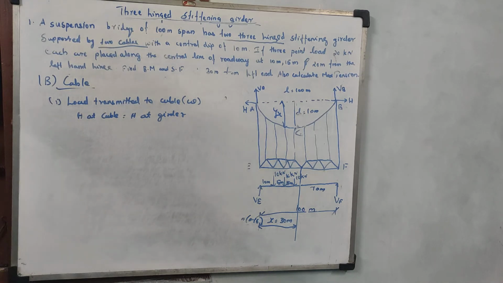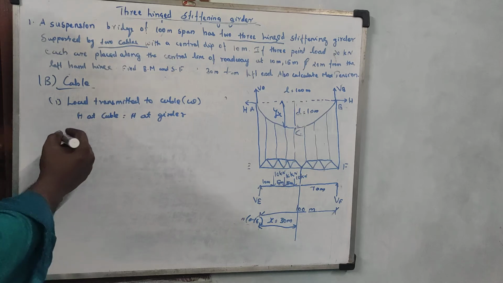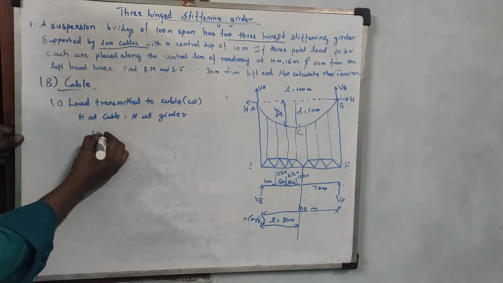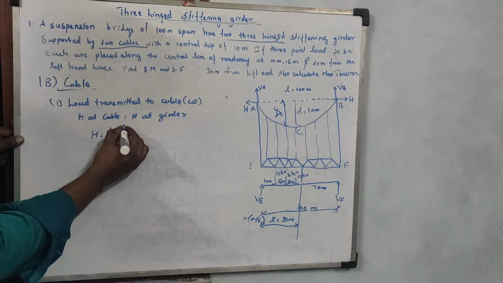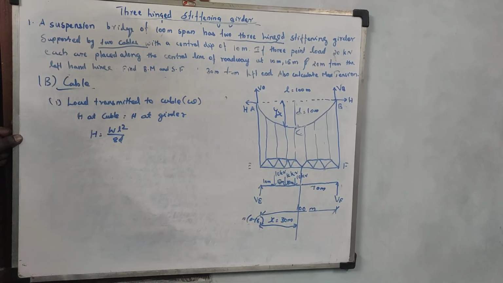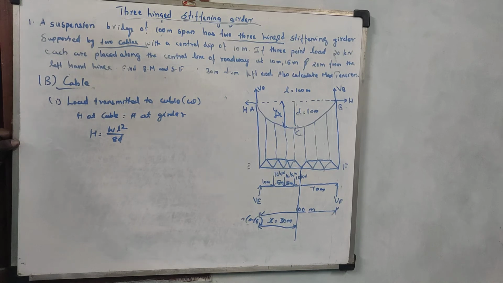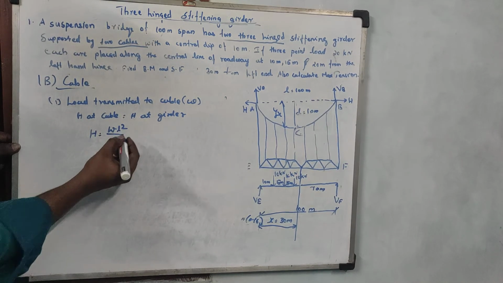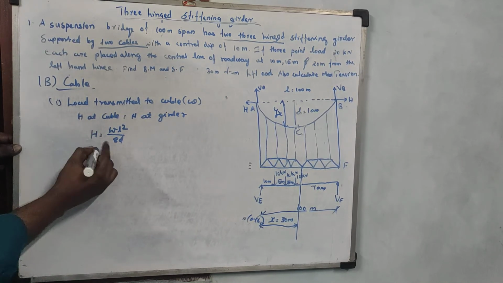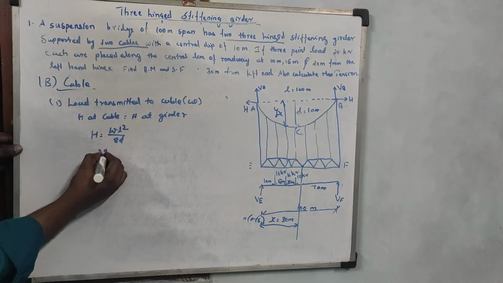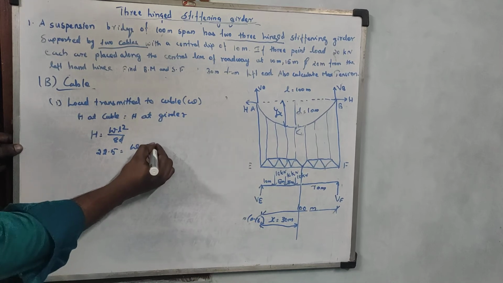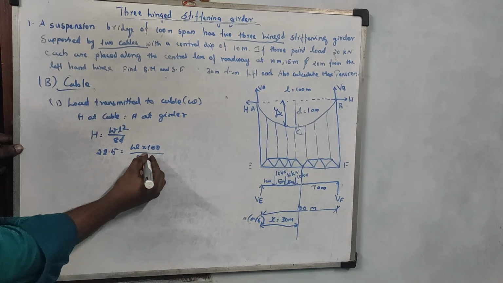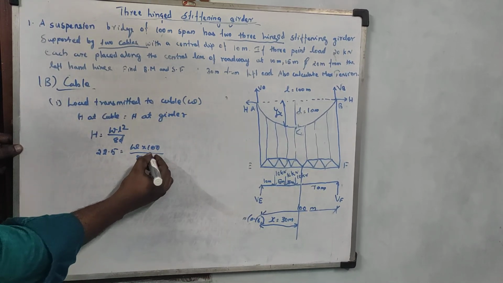So we know that there is a formula for H in the cable. H equal to WL square by 8D. So H equal to 22.5, W into L equal to 100, 8 into D equal to 10.